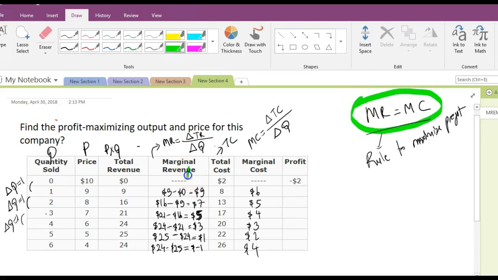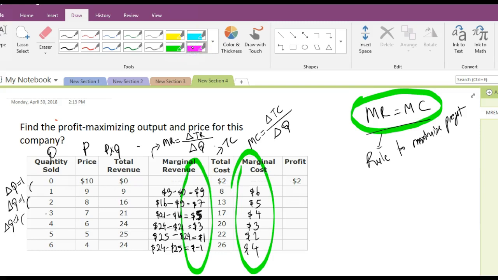So to maximize profit, we're going to look for this condition. Given these marginal revenue numbers and these marginal cost numbers, I'm going to look at when they are equal to each other. As you can see, when I produce 4 units and charge a price of $6, I make a total revenue of $24 and a total cost of $20, and as a result I will be maximizing profit.